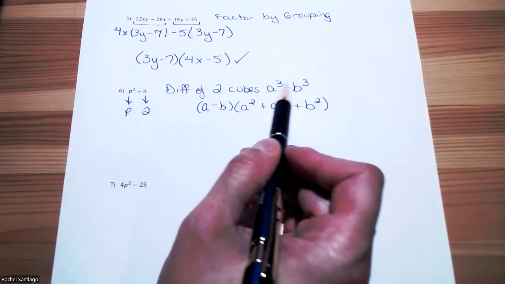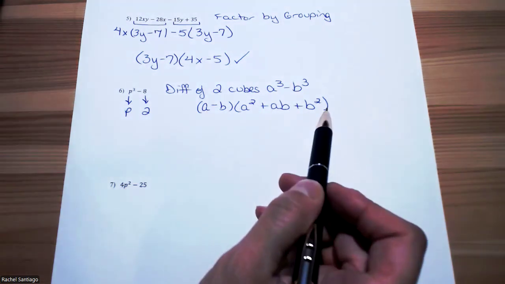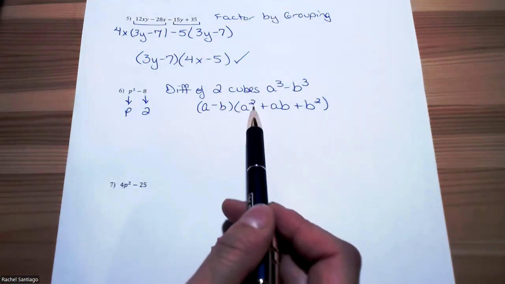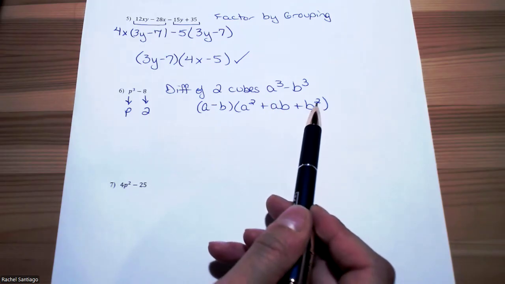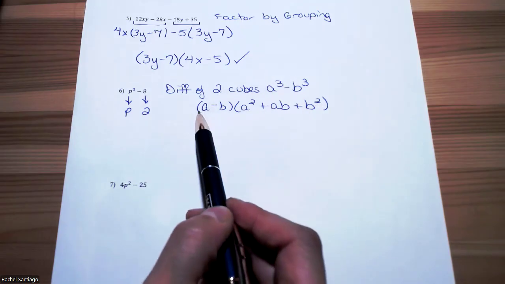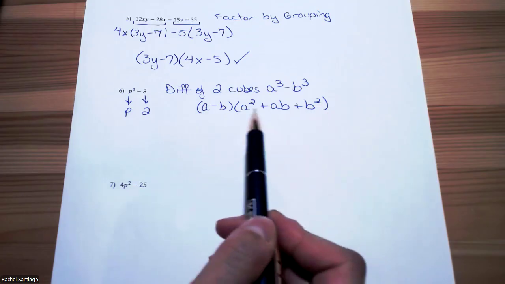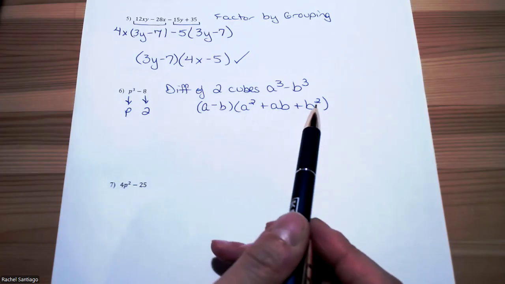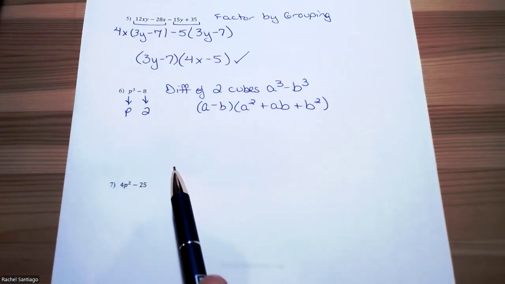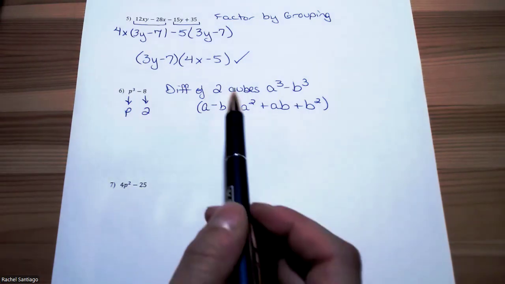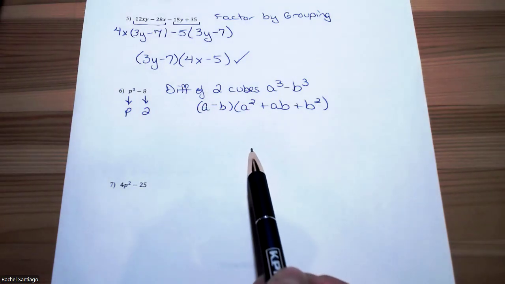These are 2 cubes. And then when it gets factored, it's going to be 1, 1, 2, 2, 2, because 1 and 2 make 3, right? And if we actually distributed this, you would see your inner terms would cancel, and you'd be left with a cubed minus b cubed, which is actually pretty cool. Distribute and check it out.